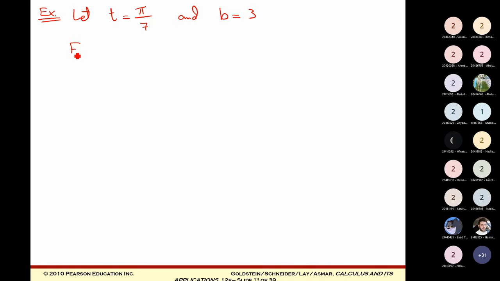We need to find the value of A. Find A from the figure for a right triangle. This is t, this is A, and this is B, which equals 3. So we need to find the value of A only. Okay.